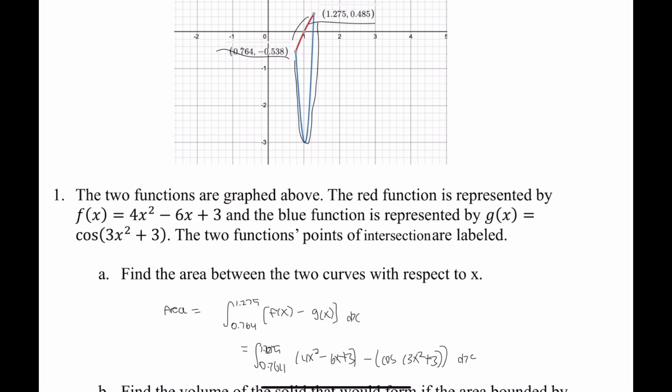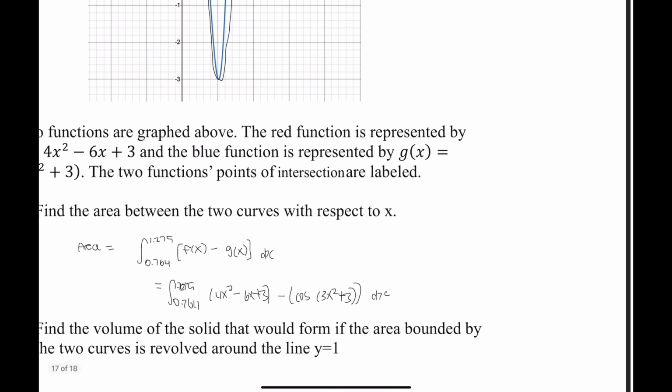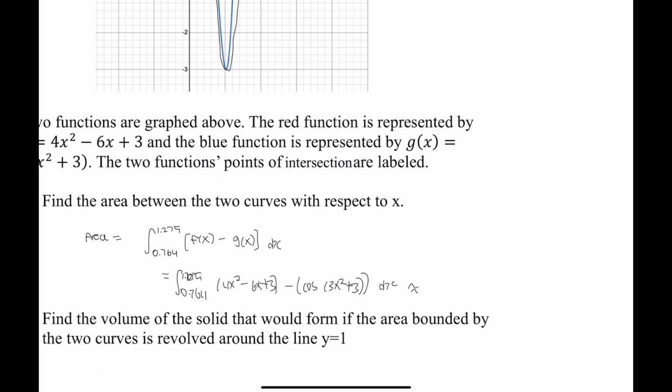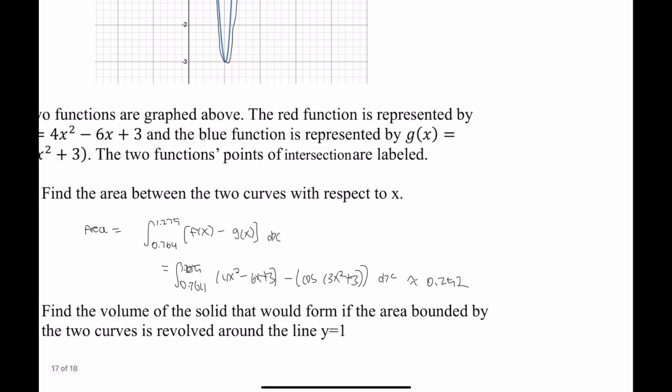Okay, I think that's it. And then we're going to get the answer. And we got the answer of 0.252. We're going to do 3 decimal places for BC. So that's our area.